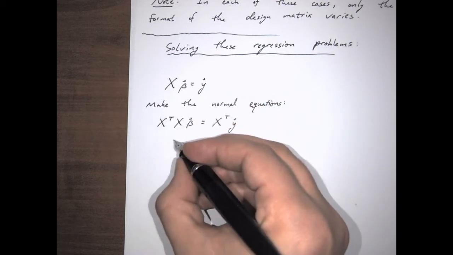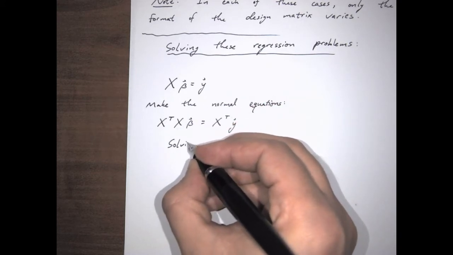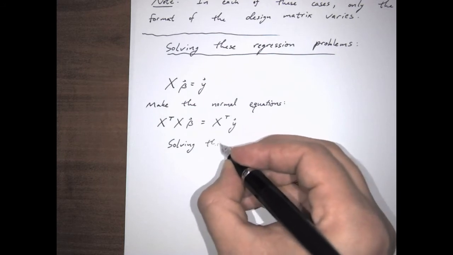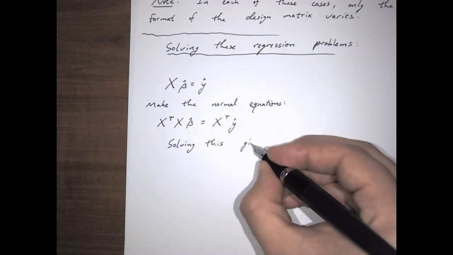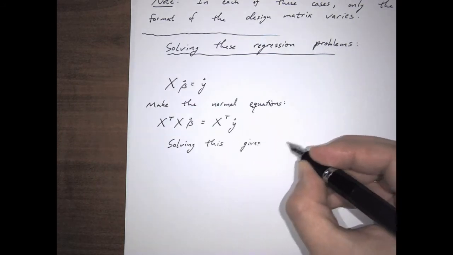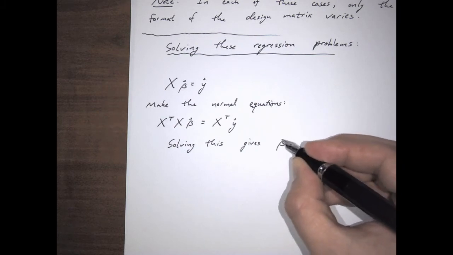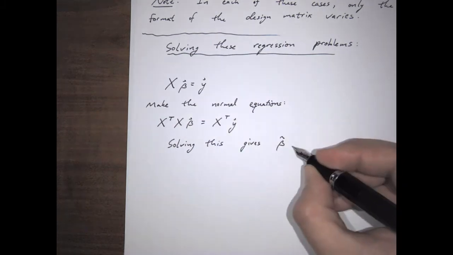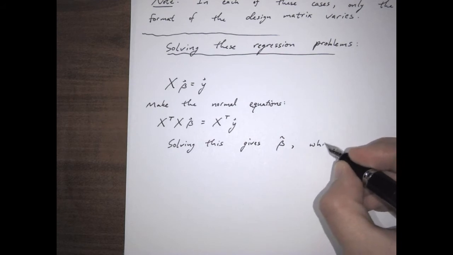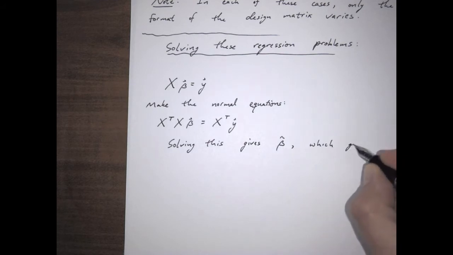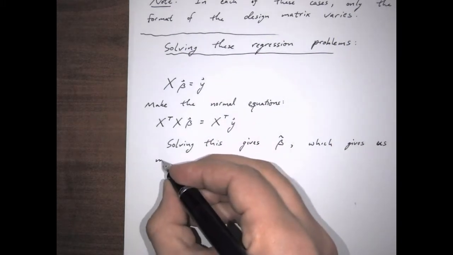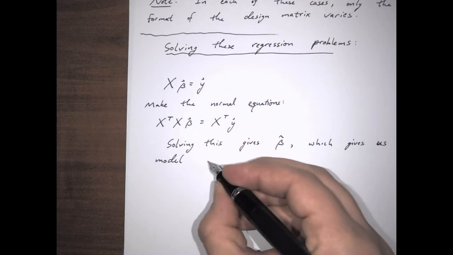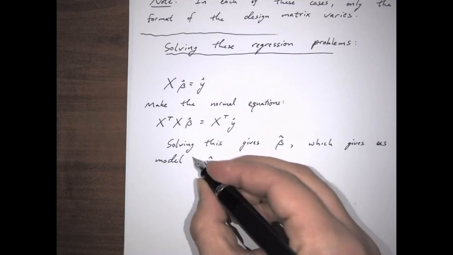So then, solving this gives beta hat, which gives us our model y hat.